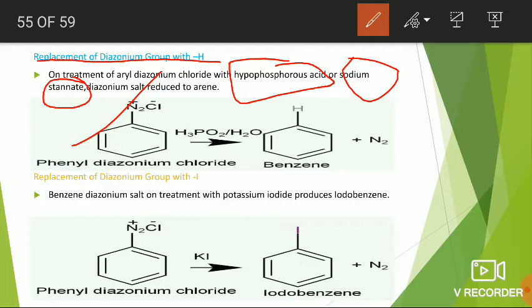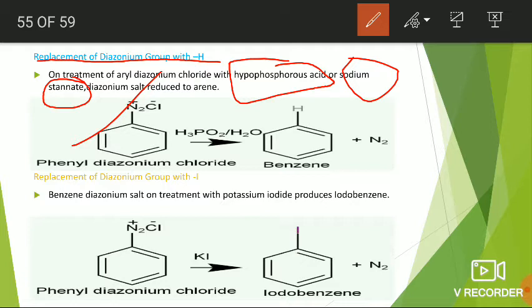That is, the amino group is converted into H, or the aromatic primary amine is converted into the corresponding arene by using this method.